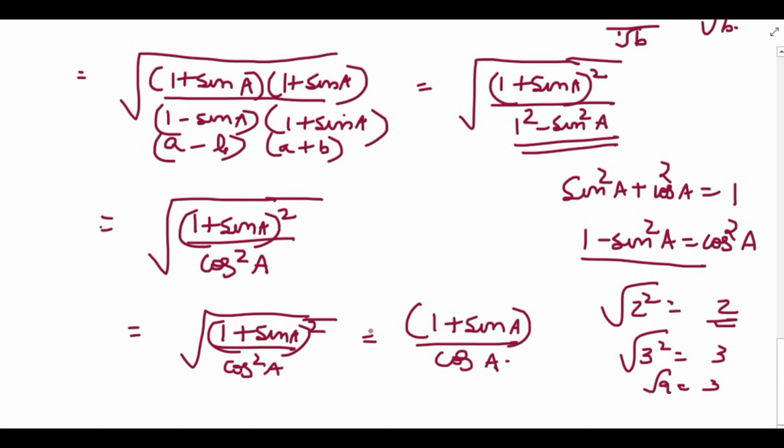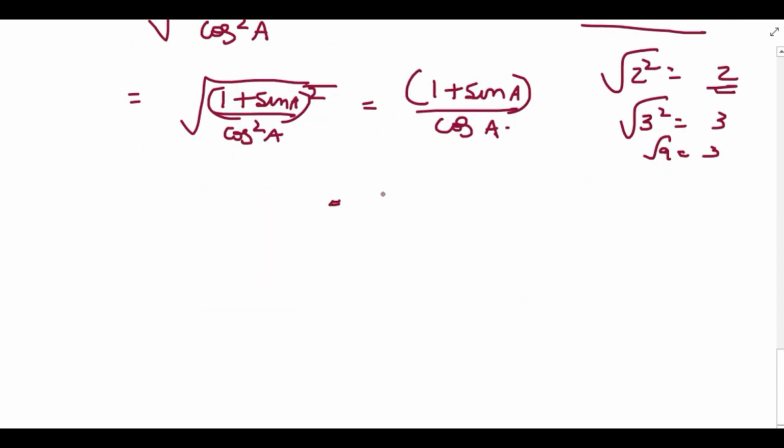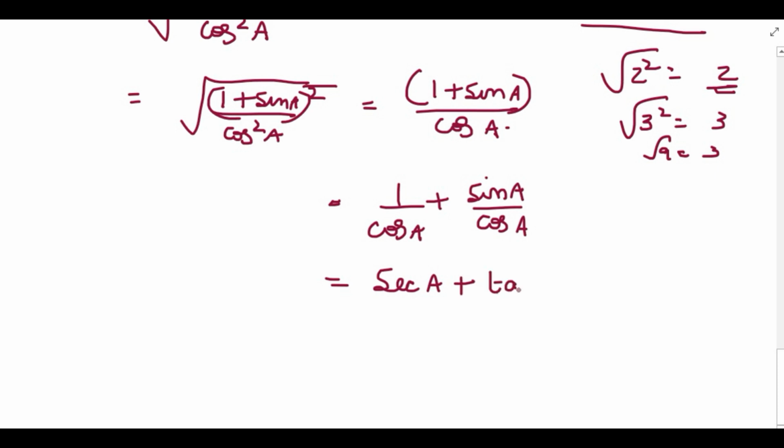Now this I can write as 1 by cos A plus sin A by cos A. 1 by cos A is sec A and sin A by cos A is tan A, which is equal to our right hand side.